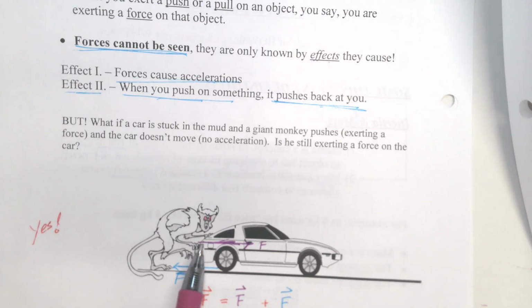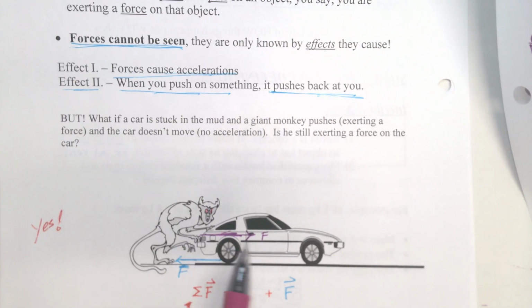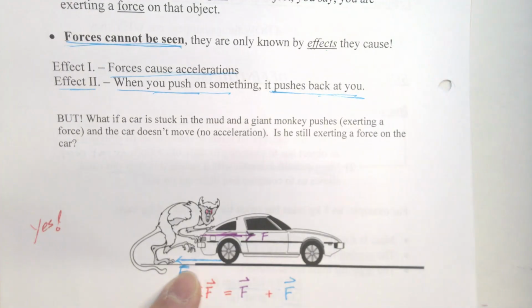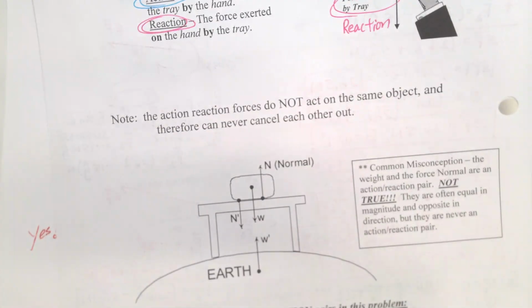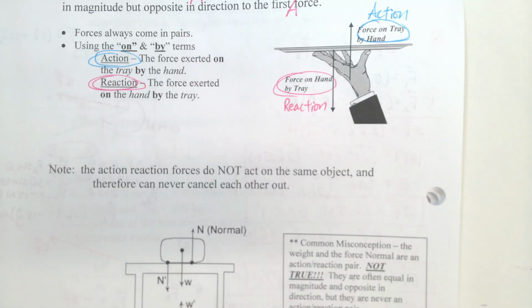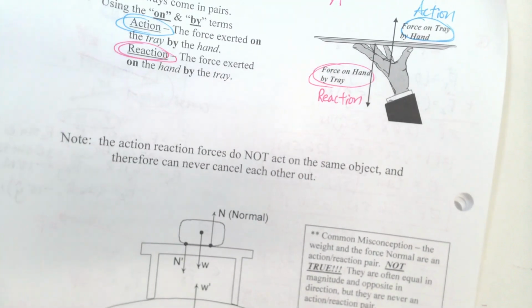This is not an action-reaction pair because the monkey is pushing on the car and the friction is also pushing on the car. So these two forces are acting on one object. That's different than two forces acting on each other. Got that? There's a huge difference.